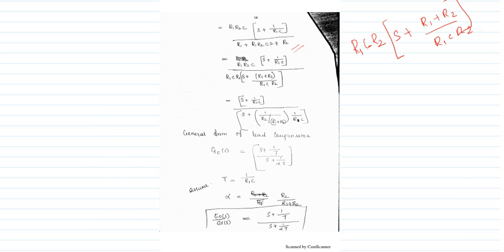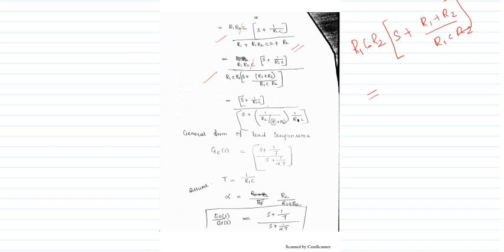Okay. So your equation has become, both first and this term, R1 R2C is common, so I am just going to cancel. So we will have S plus 1 by R1C overall by S plus 1 by R2 by R1 plus R2 of 1 by R1C. Okay.